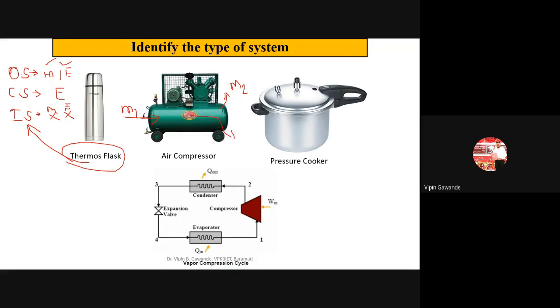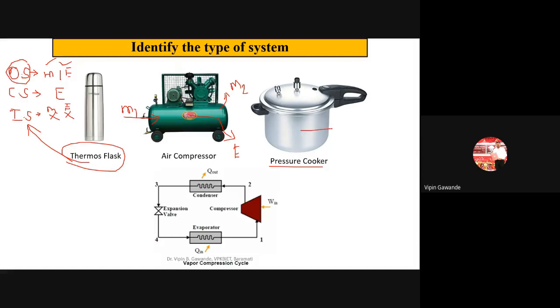At the same time, there is what? Exchange of energy. If you put your hand on that compressor, you will feel that the compressor material is hot. So it gets heated. That means there is the generation of energy. So exchange of mass and exchange of energy means it is an open system. So air compressor is an open system.